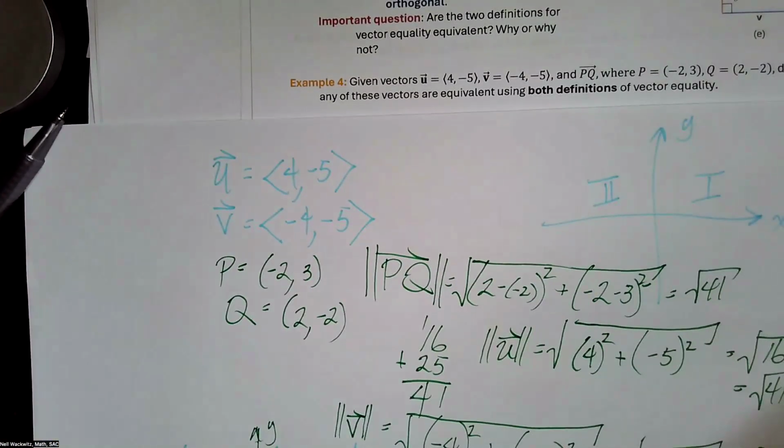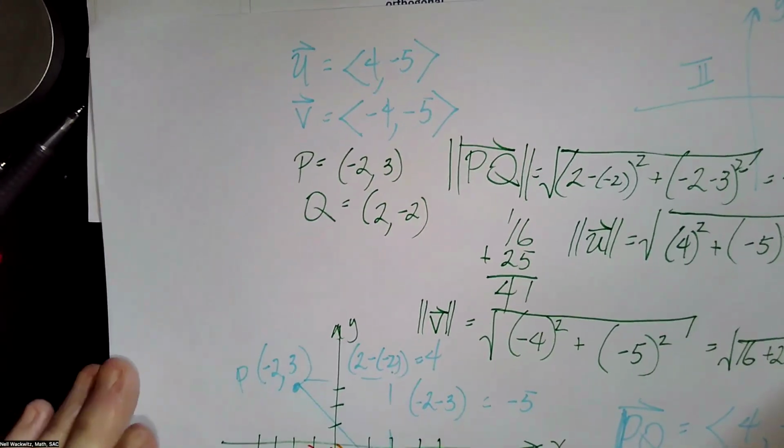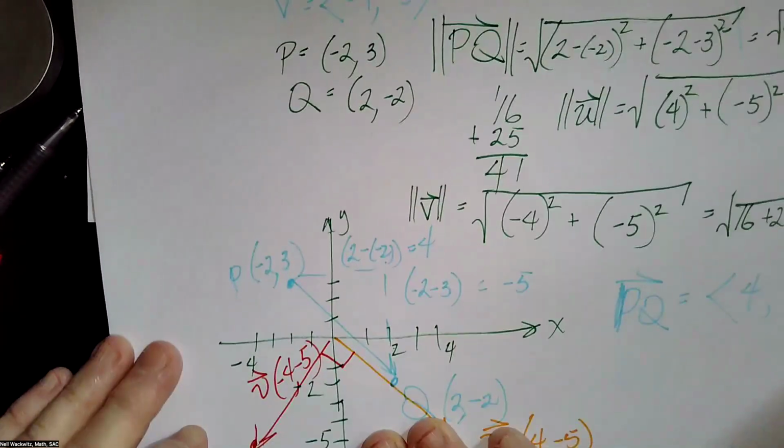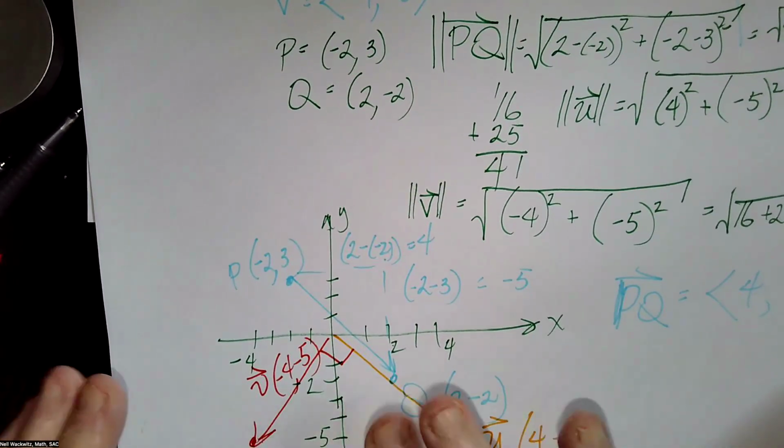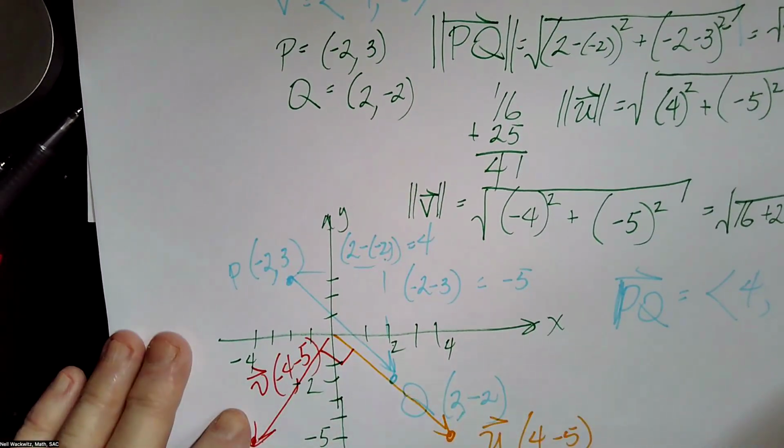Next class we'll do something called the dot product, which will enable us to easily find the angle between vectors.